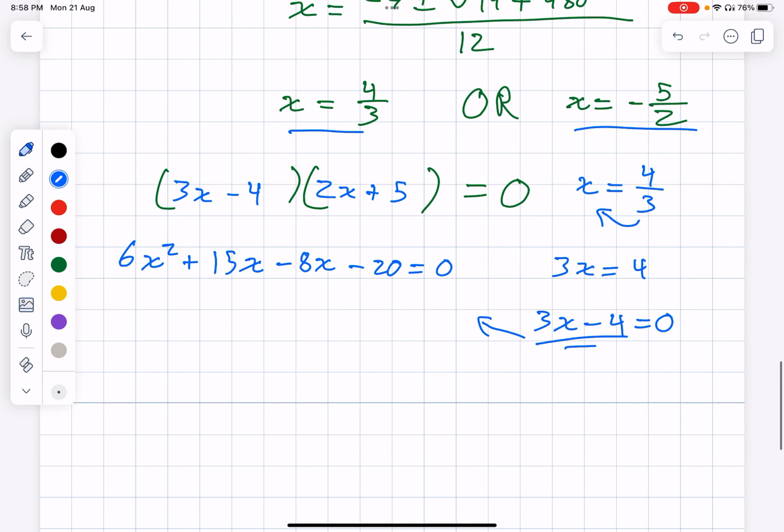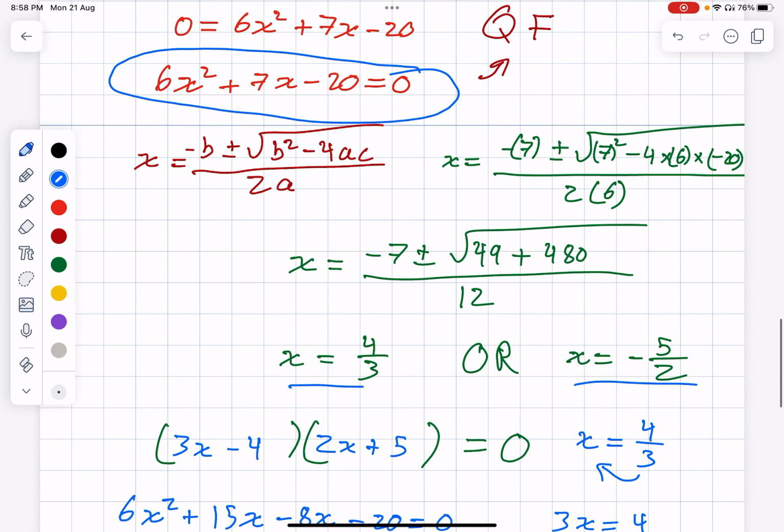Now, you just simplify it. 6x squared, 15 minus 8 is equal to 7, which means plus 7x minus 20, which is equal to 0. Now, let's see the back. Yep.